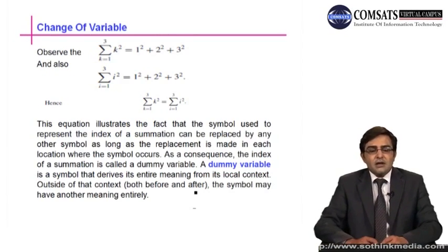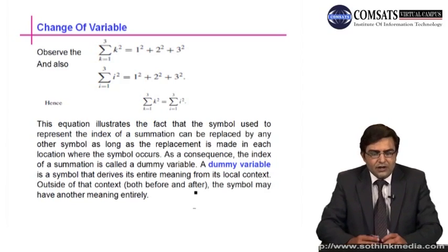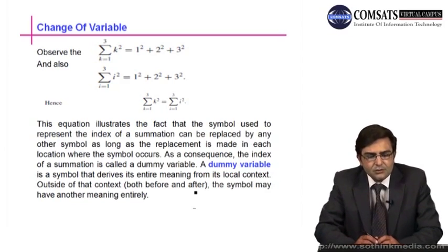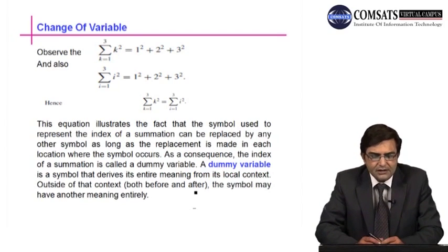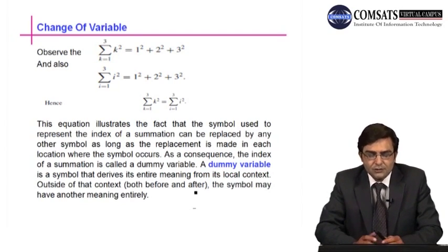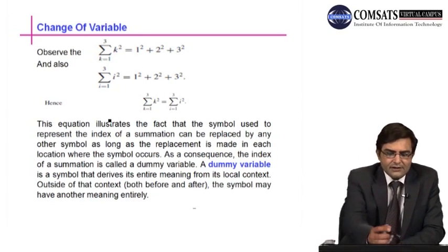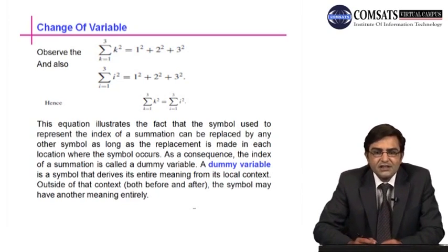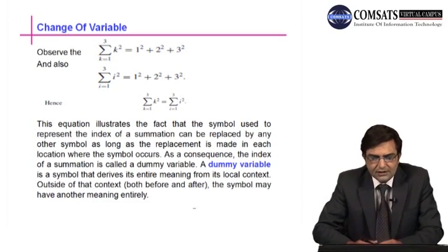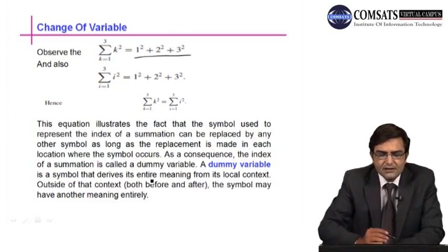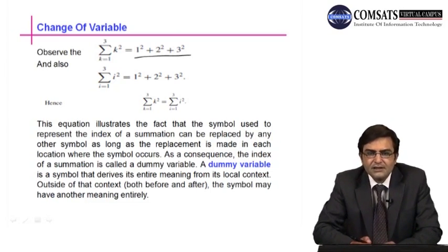In the previous lecture we discussed summation and product notations. Now today, what is the change of variable in the summation and product notations? Observe that if we are given summation k from 1 to 3 of k square, if we open this summation we get 1 square plus 2 square plus 3 square.